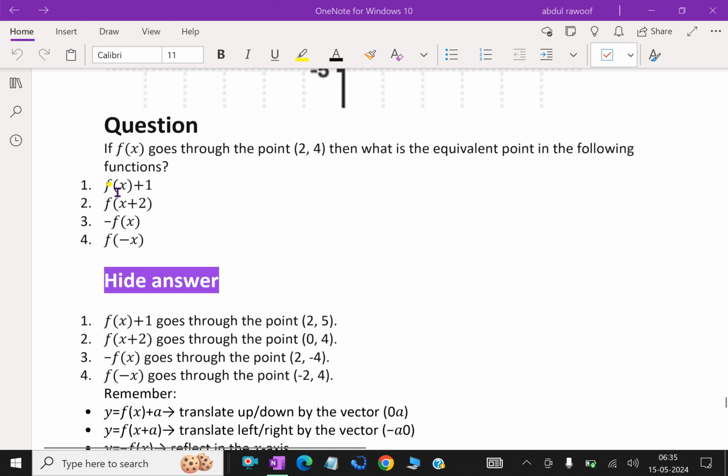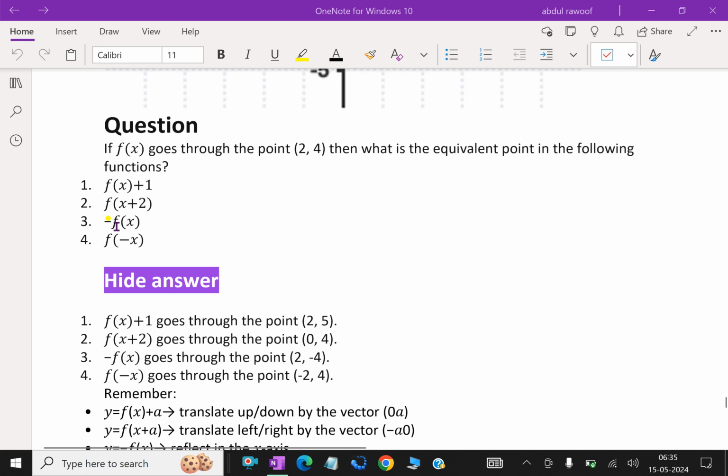Second one, f of x plus 2: the plus 2 is inside, so you have to subtract from the x value, 2 minus 2 is 0, and y stays as it is, 4.